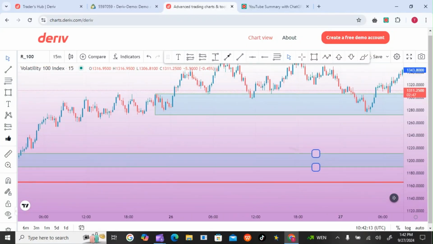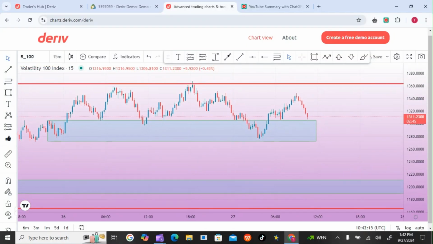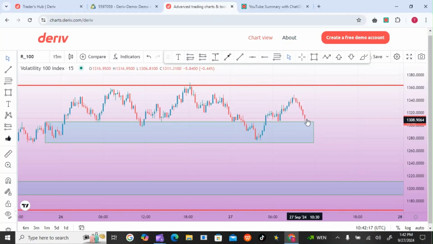On that zone, you can see it has reached and the candlestick is trying to change its direction. So probably the market might again reach there and move in the up direction.